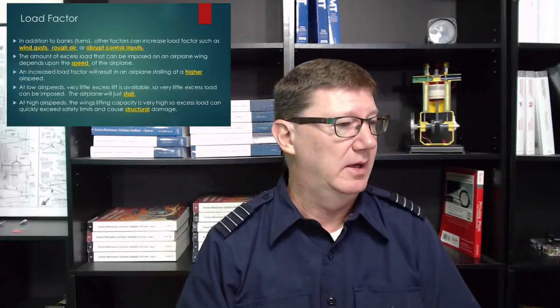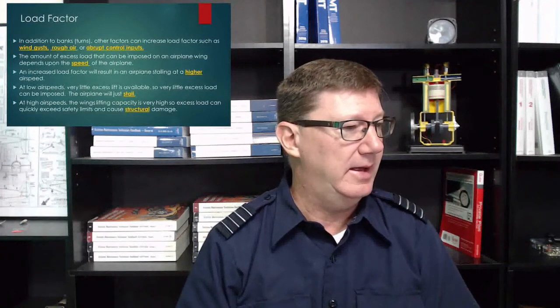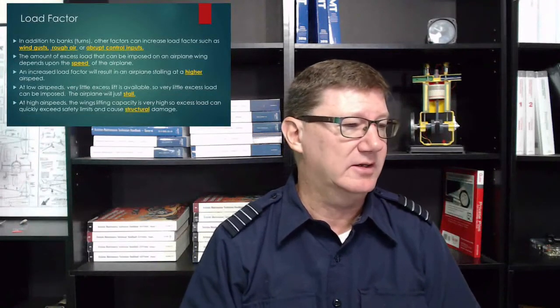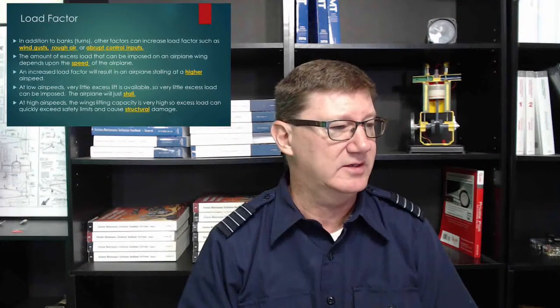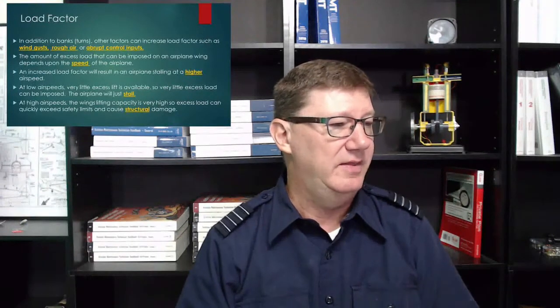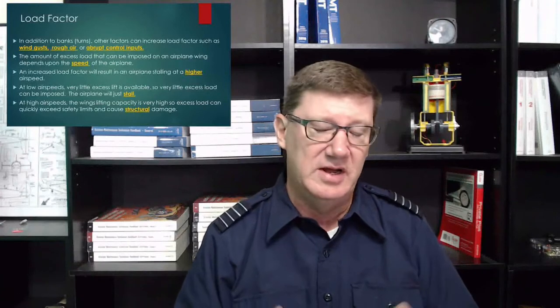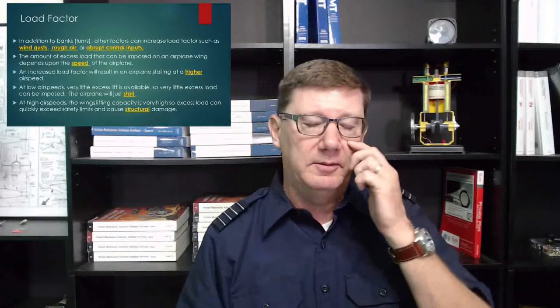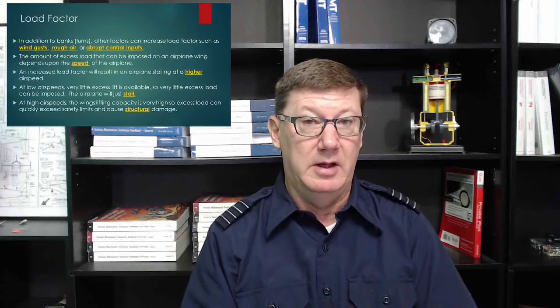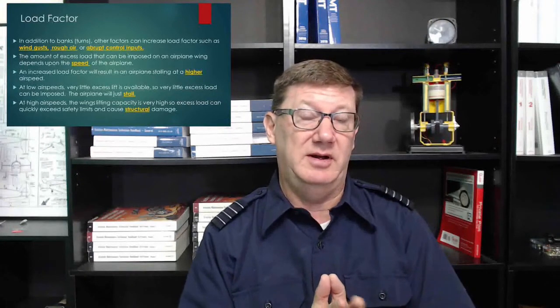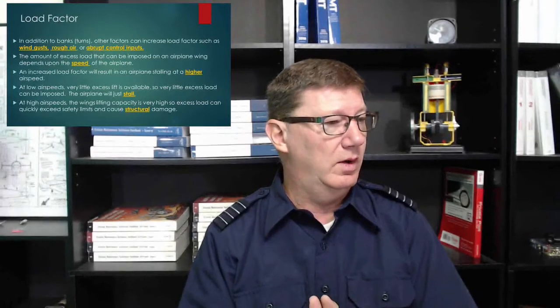Let's see, at low airspeeds, very little excess lift is available, so very little excess load can be imposed, and the airplane will just stall first, which is true. There's less lift available to carry the weight, therefore the airplane will most likely stall. But the reality is, because the airplane's going slower, less acceleration goes on the airplane and less G loading will occur there.